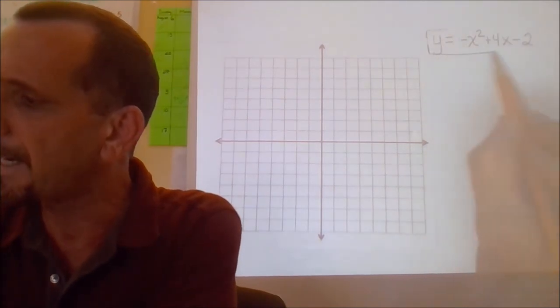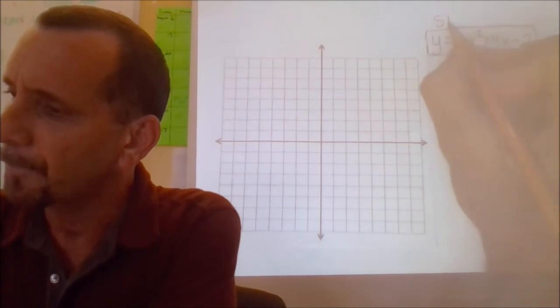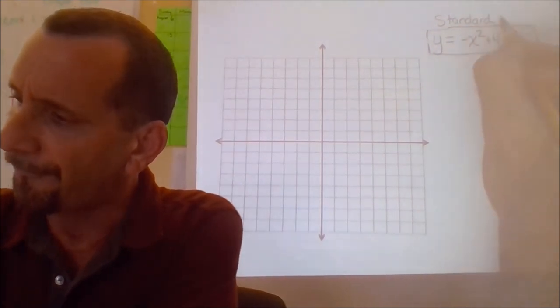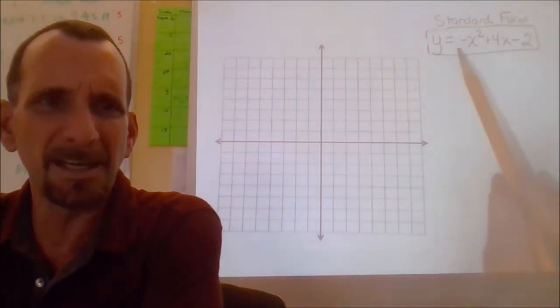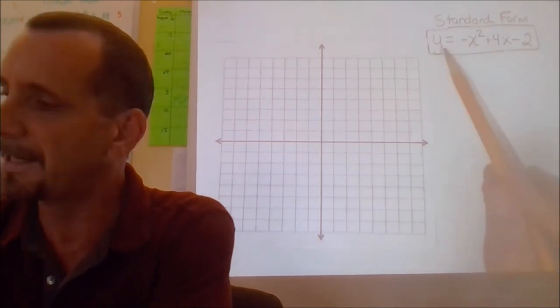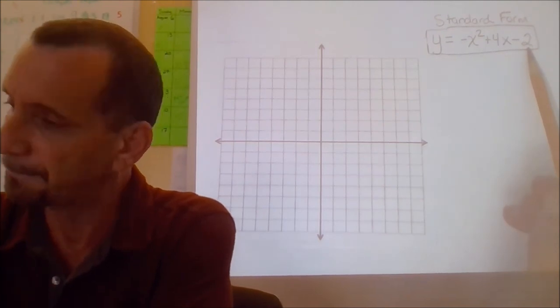This is our main function to graph, and that is a quadratic function in standard form. We'll talk about standard form a lot next week, but basically it's the highest degree of x listed first and decreasing in degree all the way till we get to a constant.